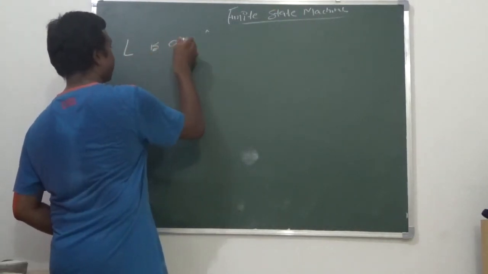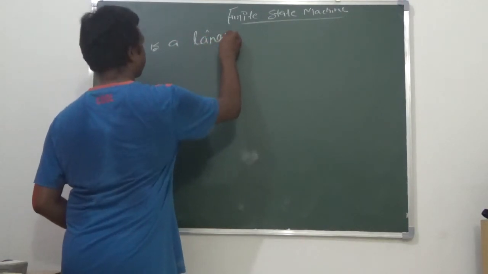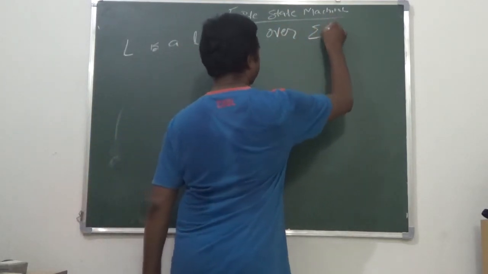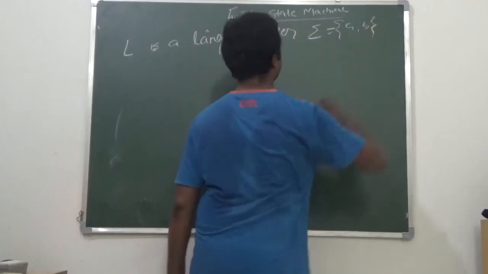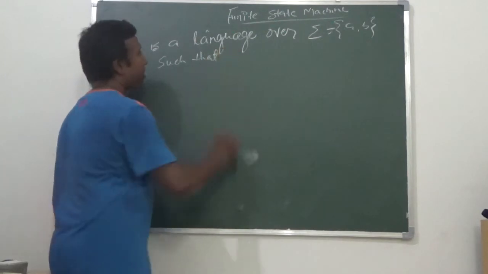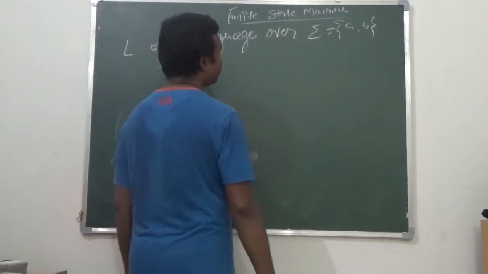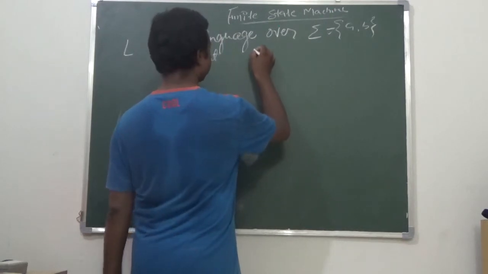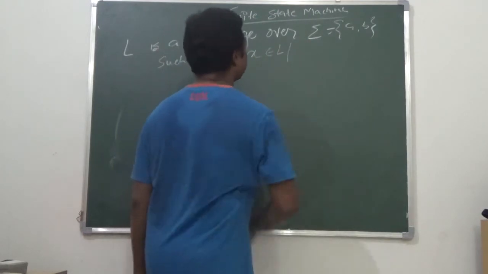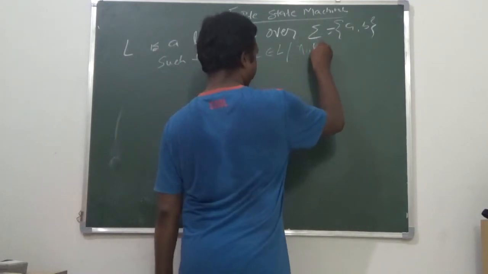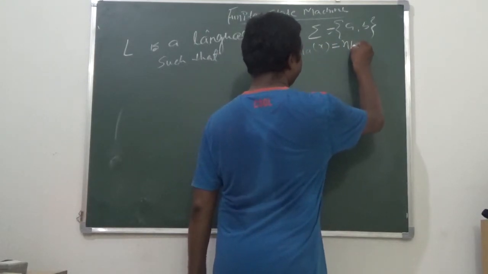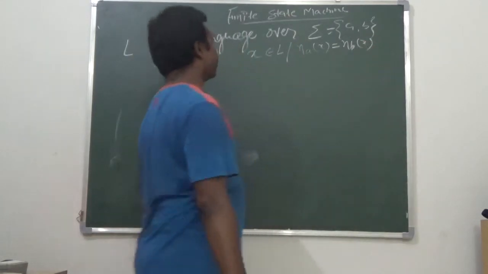L is a language over sigma equal to {A, B} such that if X belongs to L, then the number of A in X should be equal to the number of B in X. Right?